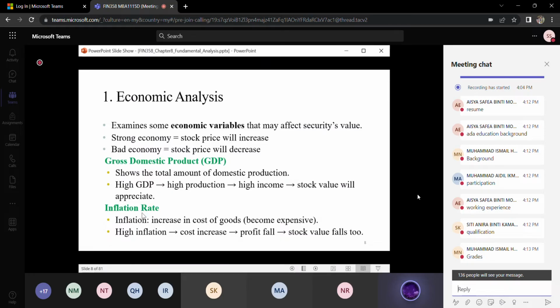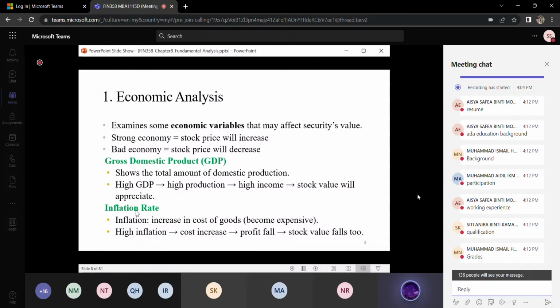Okay, we look at the country inflation rate. So kalau increase in cost of good, sebab dia akan jadi expensive, right? Cost syarikat akan meningkat. So high inflation, cost increase, profit will fall, keuntungan akan jatuh. So stock value will fall too.